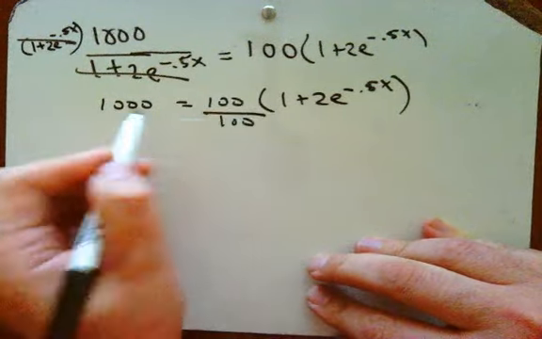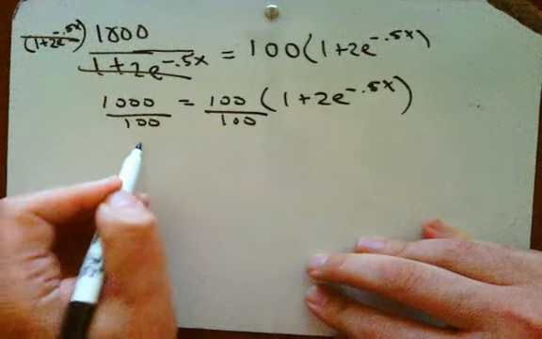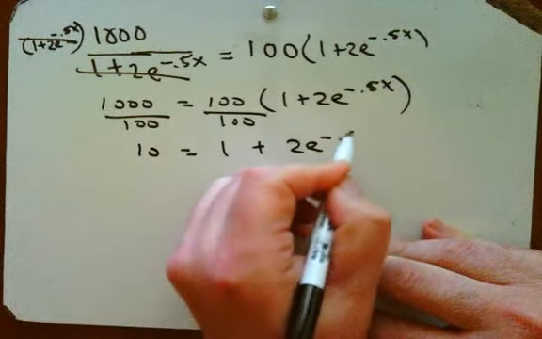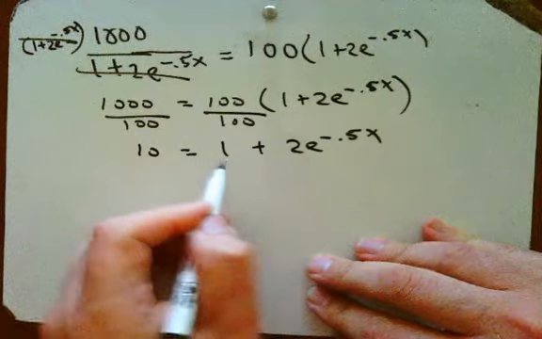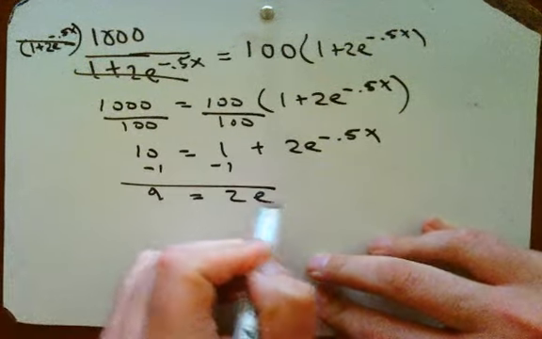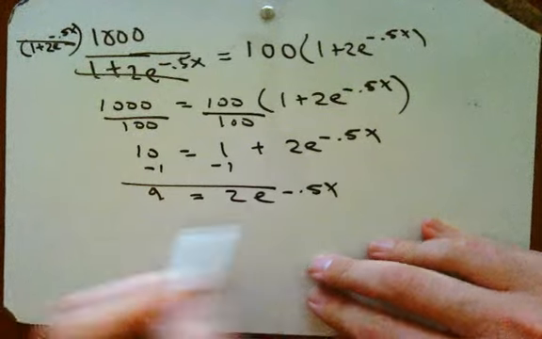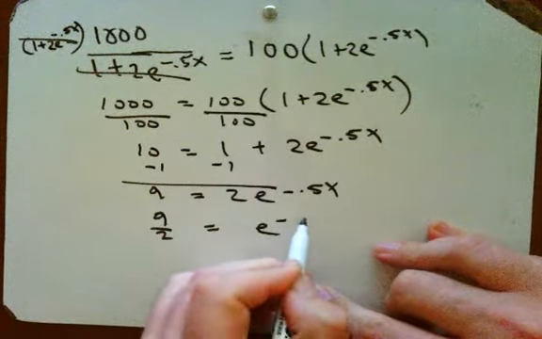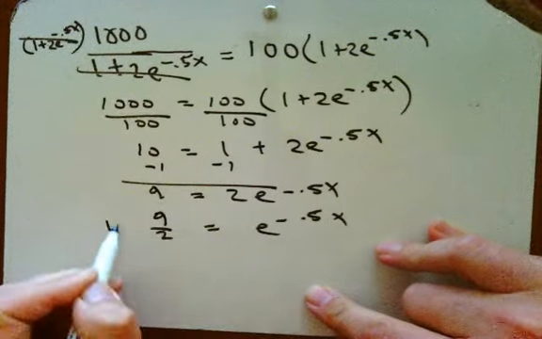I see here that if I multiply both sides by 1 plus 2 e to the negative 0.5x, I can cancel out the denominator. I'll have 1,000 equals 100 times (1 plus 2 e to the negative 0.5x).